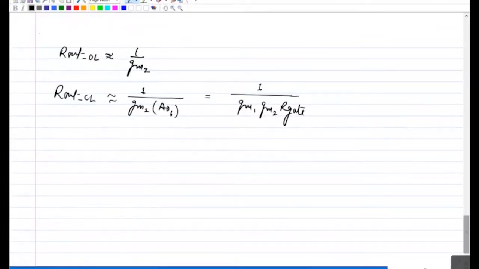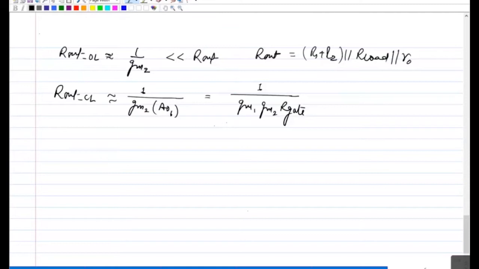So this is obviously much less than R out, where R out was the parallel combination of all the output resistances: R1 plus R2 plus R load plus R out of your transistor. Okay, so that's what we had.